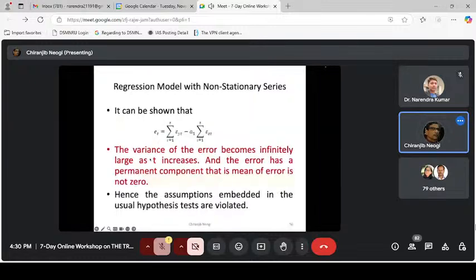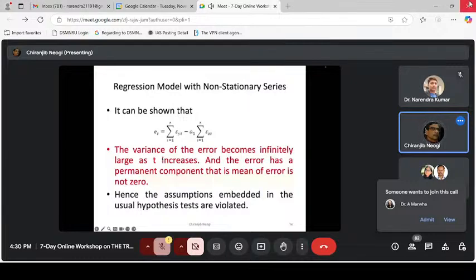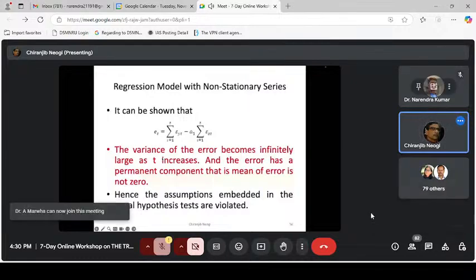It can be shown, and since there is a sum over t, that the variance of this error term becomes infinite as t increases, and the error has a permanent component, that is, the mean of the error is not zero.